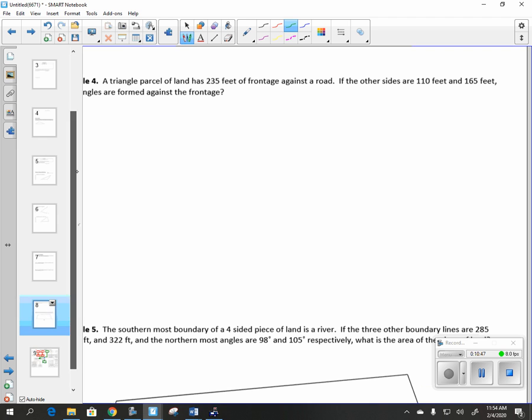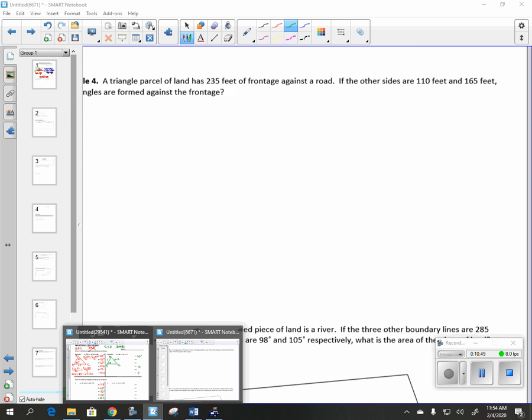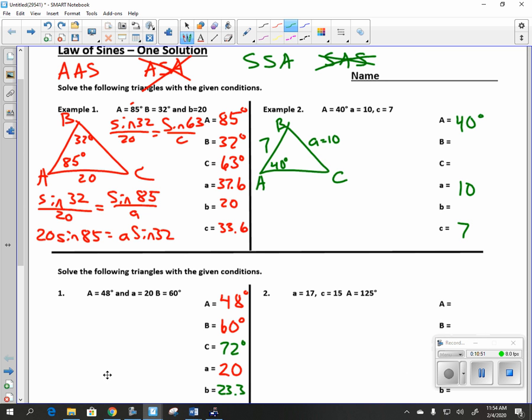So let's go ahead and solve this triangle. Sine of what over what is equal to sine of C over 7.